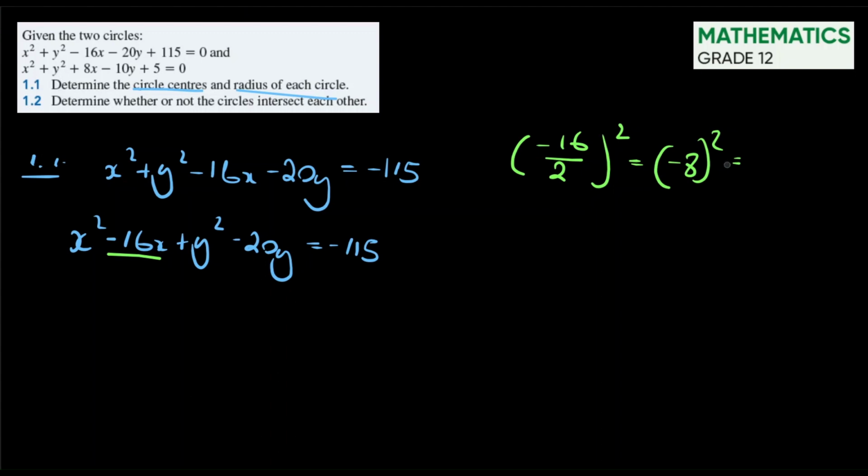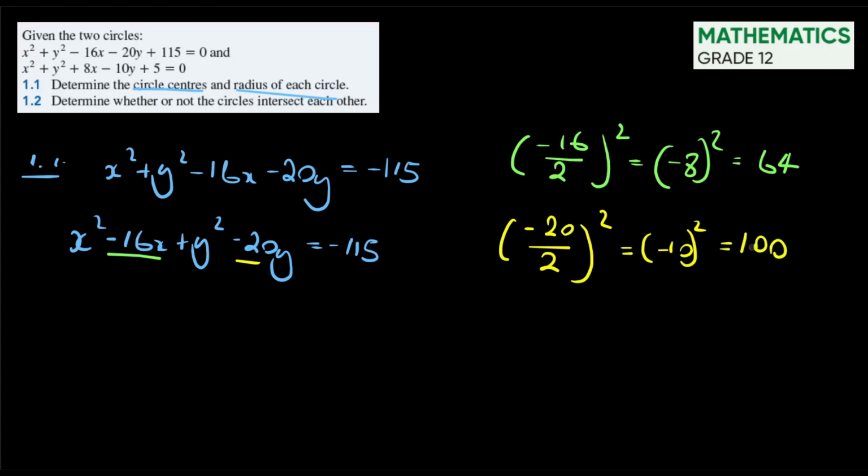We take our negative 8 and square it, and we'll get 64. Let's just continue and do that for the y value, negative 20, so as to not go back and forth and save time, which will give us negative 10 squared, which is 100.